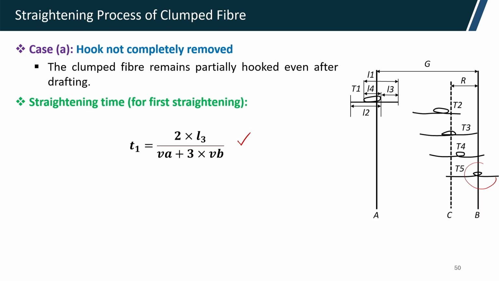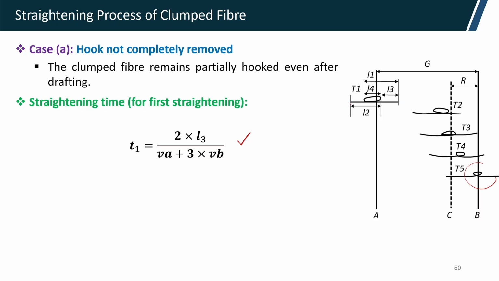We can see here we have L1, L2, L3, L4. Now, L1 is this one, L2 is on the other side, L3 is where T1 is.